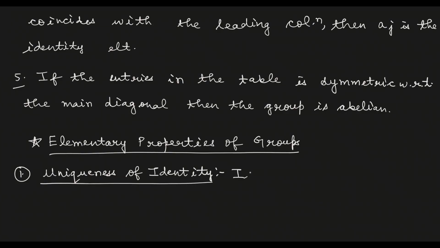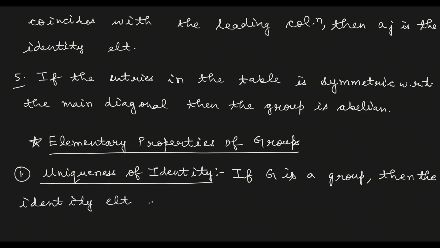So if G is a group, then the identity element e of G is unique.